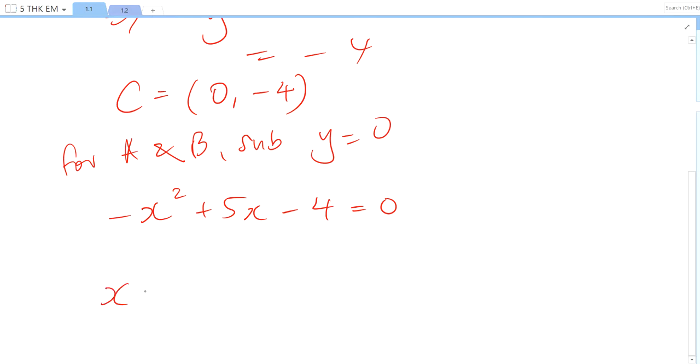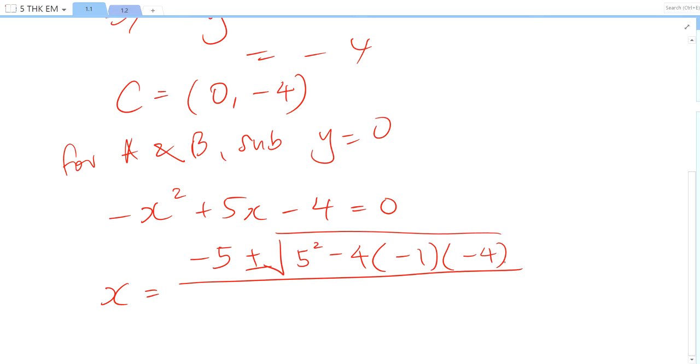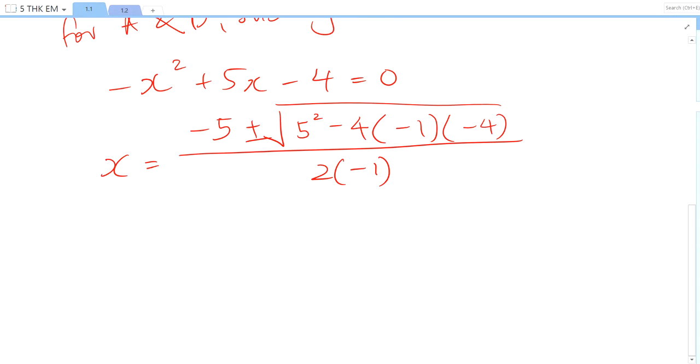So x equals minus b plus minus square root b squared minus 4ac over 2a. Direct substitution. Lower side also can do it. So we have negative 5 plus minus square root 25, negative becomes minus 4 times 4, 16, over negative 2.